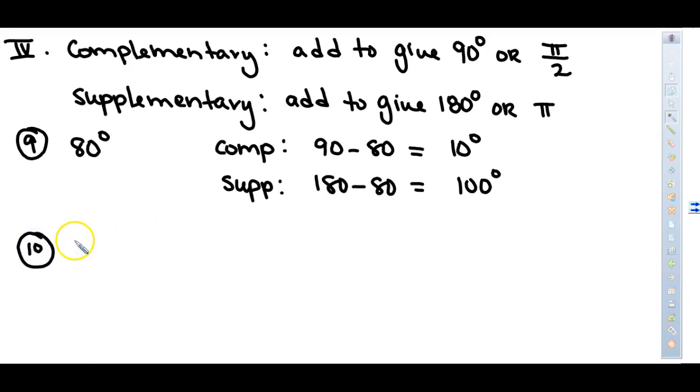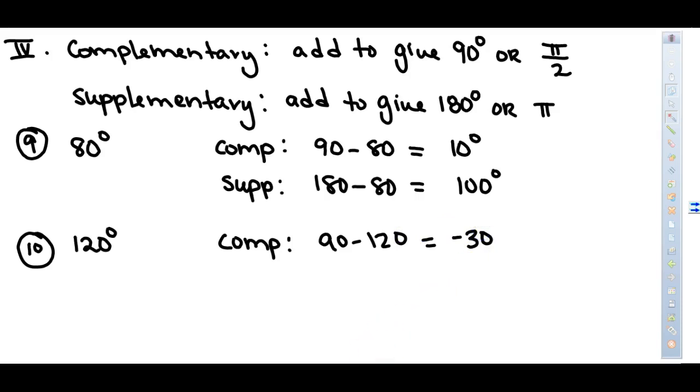The complement of a 120-degree angle, well, there is none. That's because complements and supplements cannot be negative. Because if you were to do 90 minus 120, you would get negative 30.